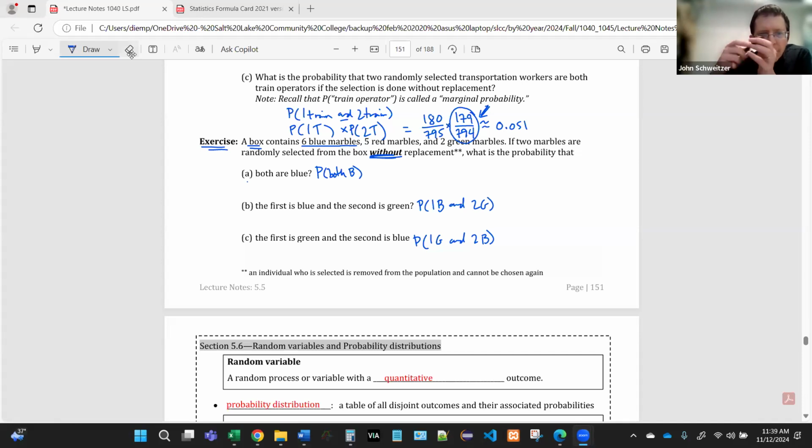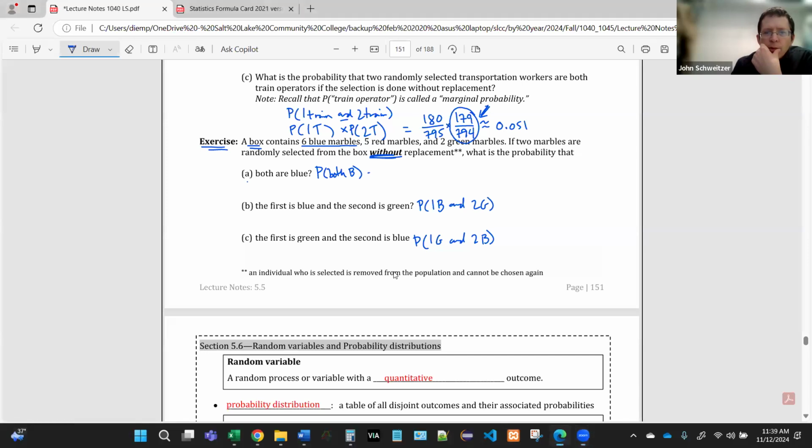Okay, does anybody have the probability they're both blue for us? I'm just going to start it here. If they're both blue, that means the first is blue and the second is blue. And the reason I wrote it like that is because I know that "and" goes with the multiplication rule.